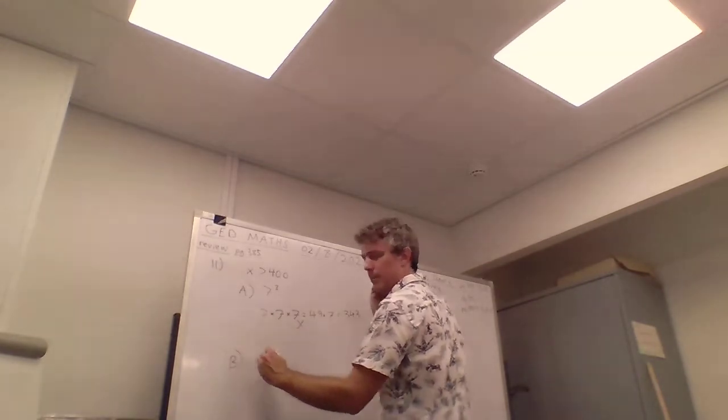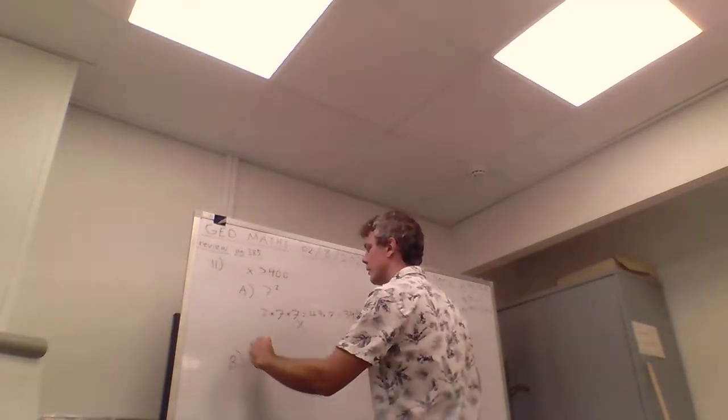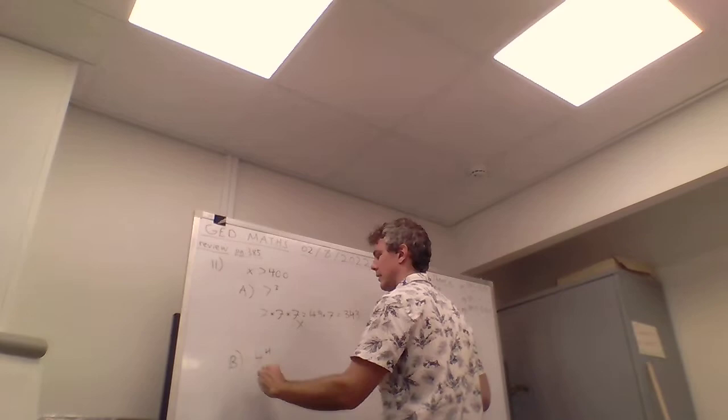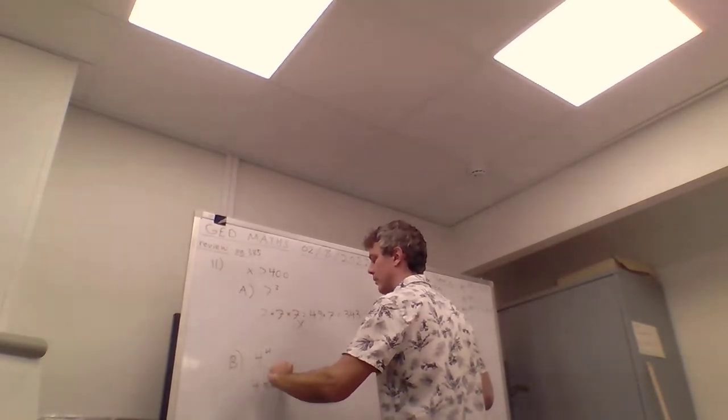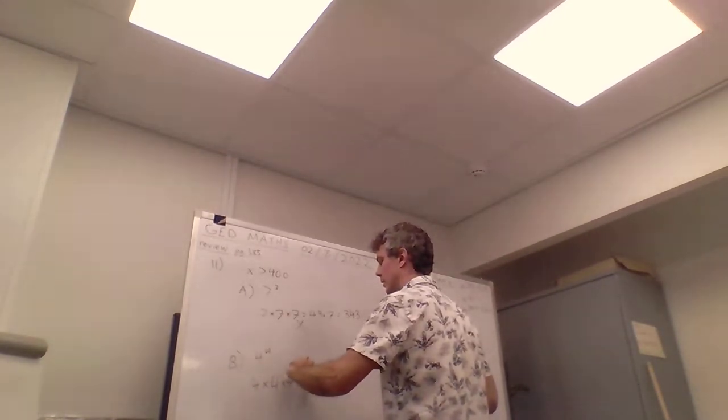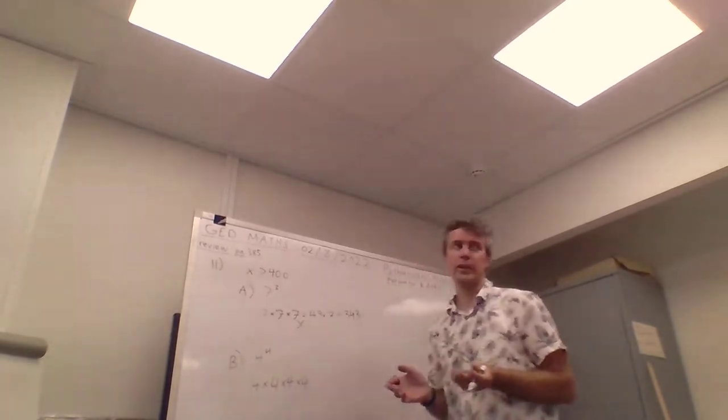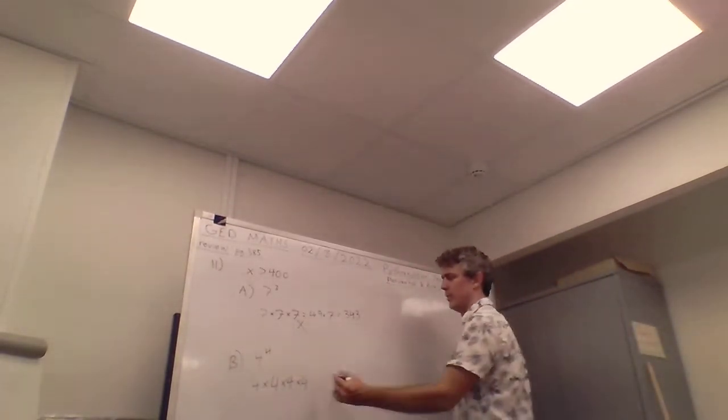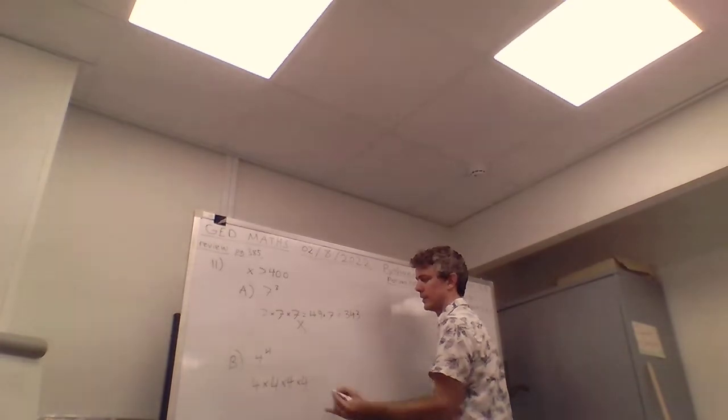All right, let's try B. B is 4 to the power of 4, right? So that's 4 times 4 times 4 times 4. You can use your calculator to get it, or it's basically 16 times 16.